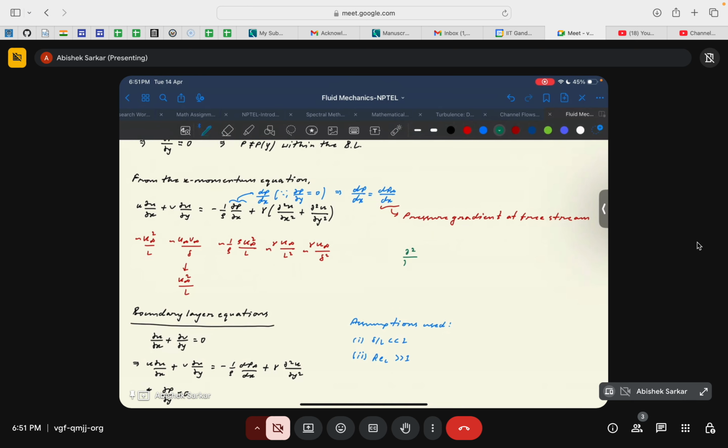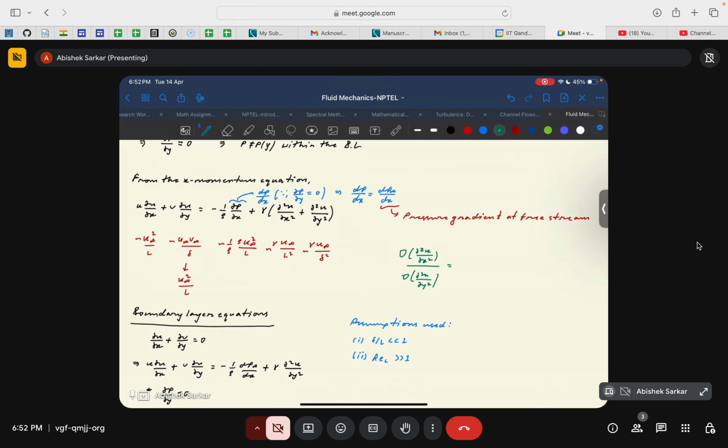I will write the order of ∂²u/∂x² divided by the order of ∂²u/∂y².